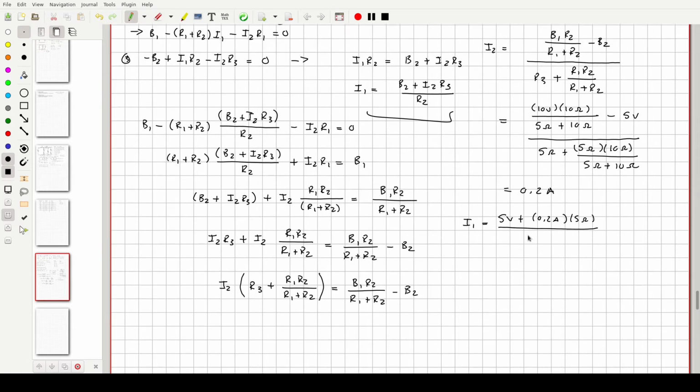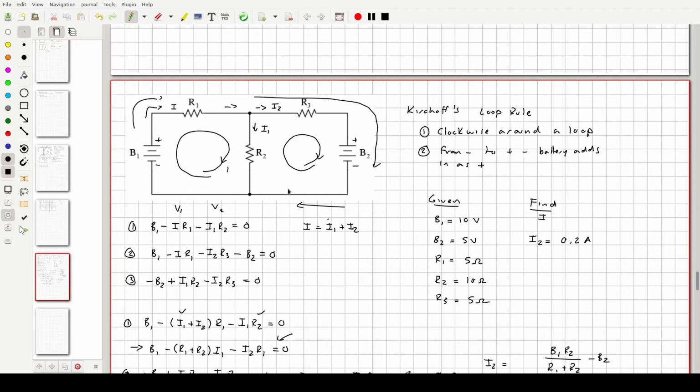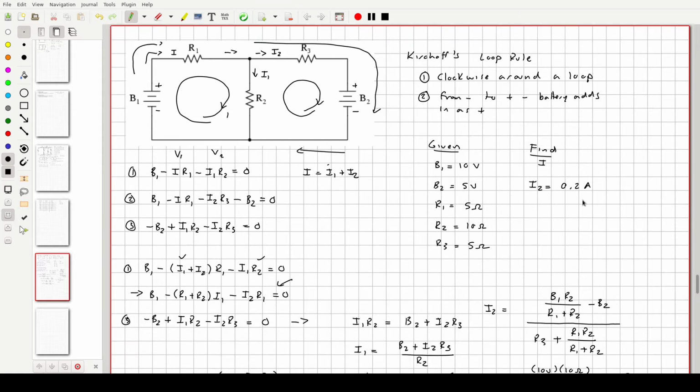R2 is 10 ohms. Plug this into a calculator. I get 0.6 amps. So it looks like we picked the direction of that as well. So there you go. This leg has 0.6 amps going through it. This leg right here has 0.2 amps.